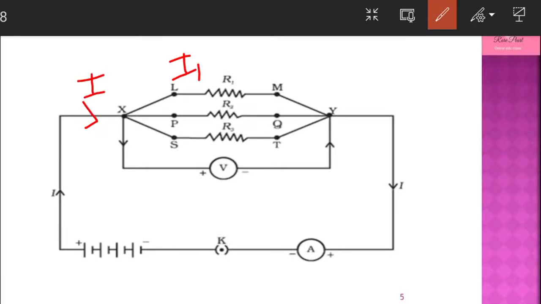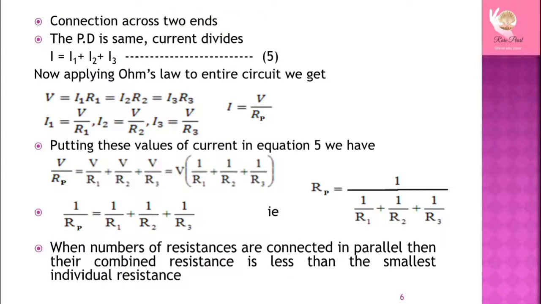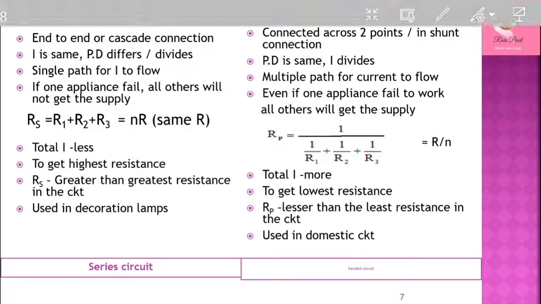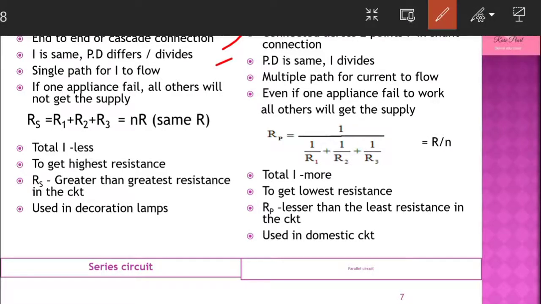So the total current is divided. So current divides, whereas voltage is same. Clear? So this is the second difference. Fine. So we have done with the two comparison.